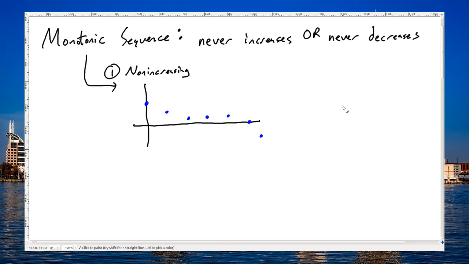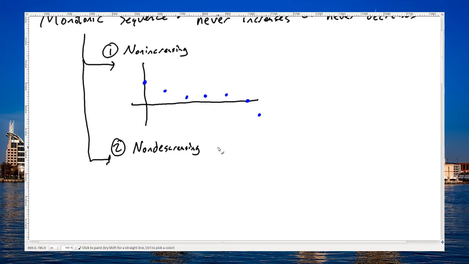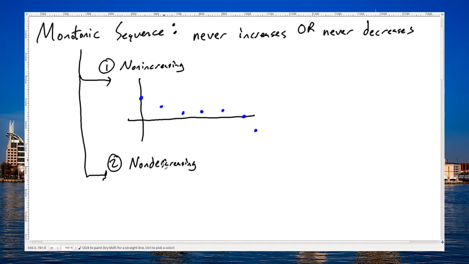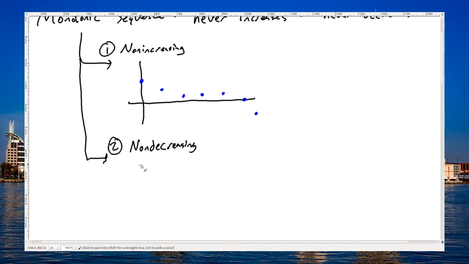The other option is that it never decreases, which is known as, well, non-decreasing. Let me spell that correctly here. Non-decreasing. And it's the same sort of picture. It's just that it's increasing or staying the same.